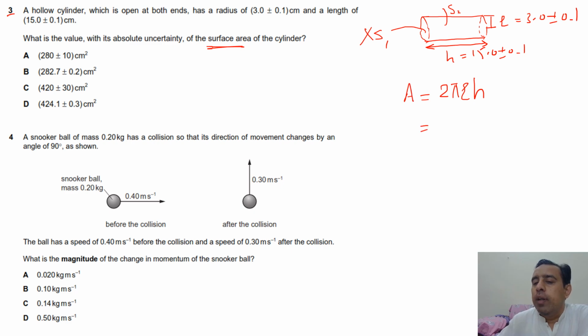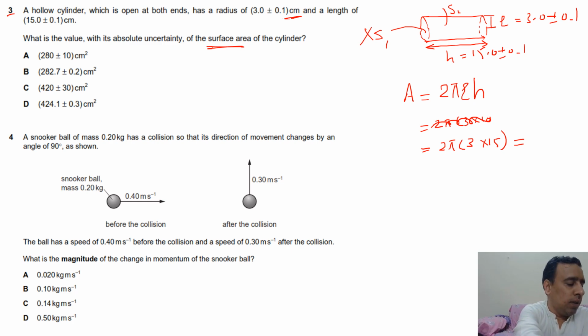So by substituting the values, 2 pi r is 3 into 15. Leave it with the same unit because the answer is in centimeter square. So by solving this through a calculator, it's 282.7.